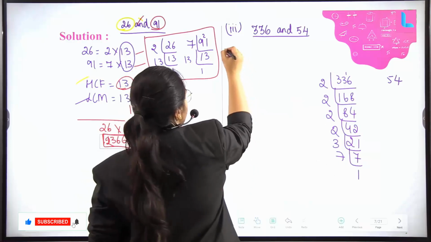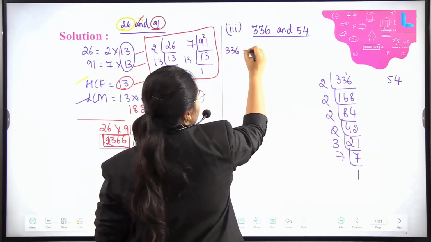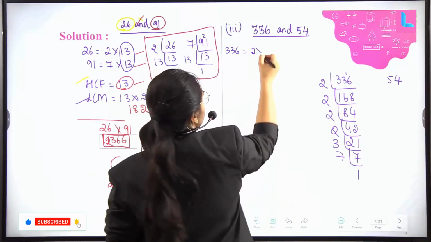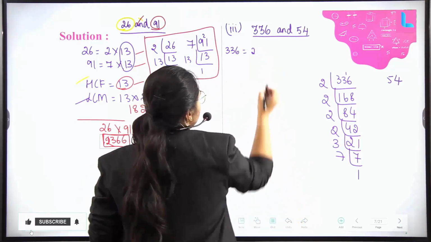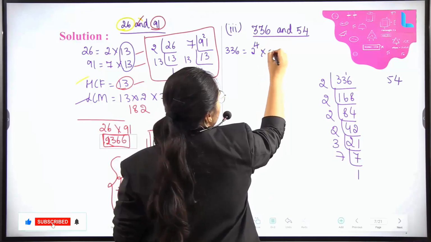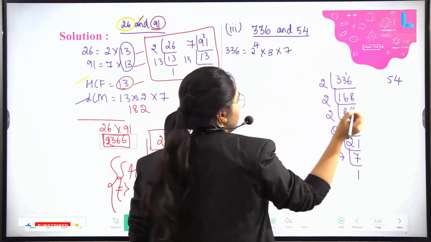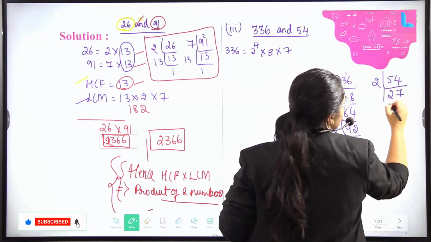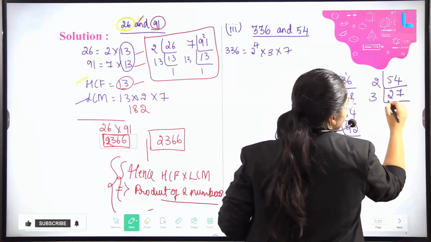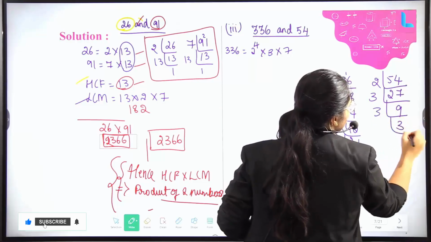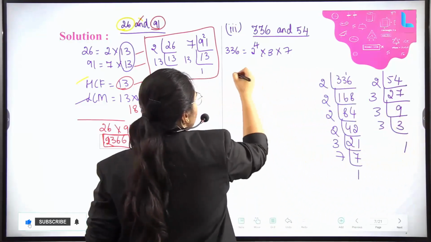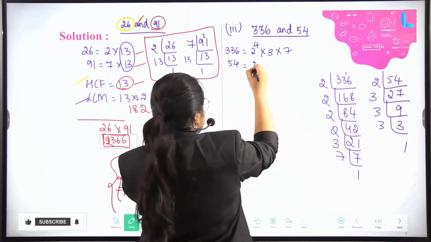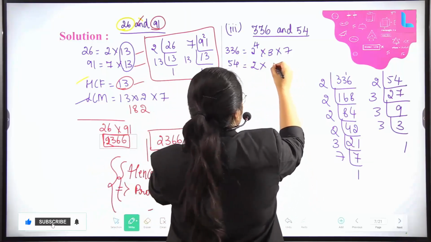To write this in factorization form, 2 to the power 4 into 3 into 7. For 54: 2 times 27, 3 times 9, 3 times 3, and 3 one time. So 54 can be written as 2 into 3 cubed.